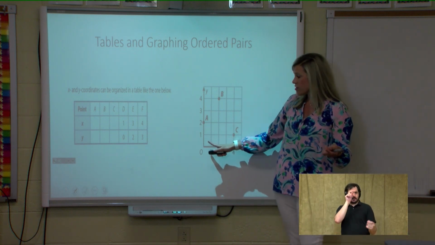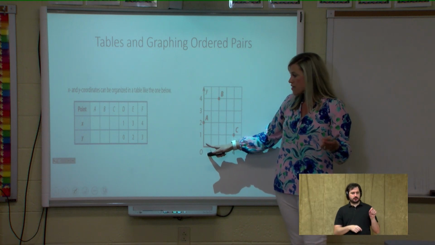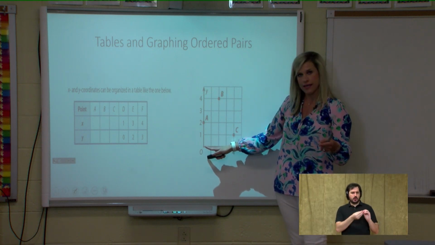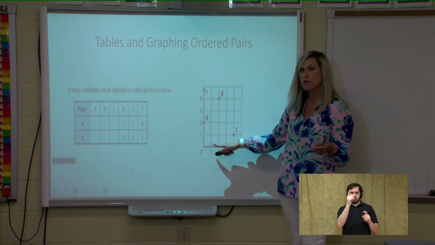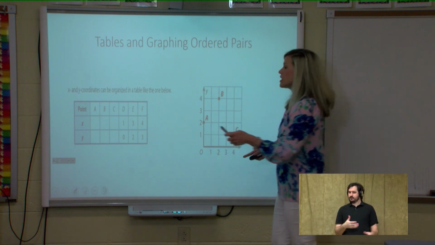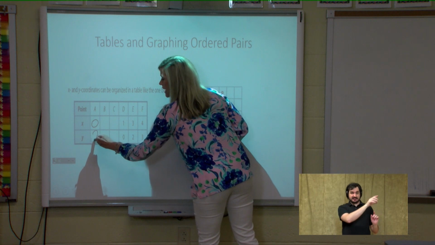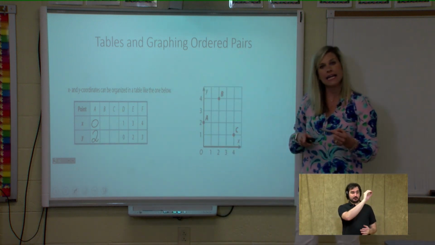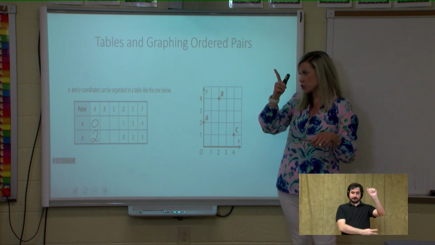If I start at the origin, remind me again, what are the coordinates for A? What is X? Yeah, X is 0, right? Because we don't move over at all. And what is Y? Yeah, it's 2. So in my table, I'm going to put a 0 and 2. Point A is over nothing on X, up 2.